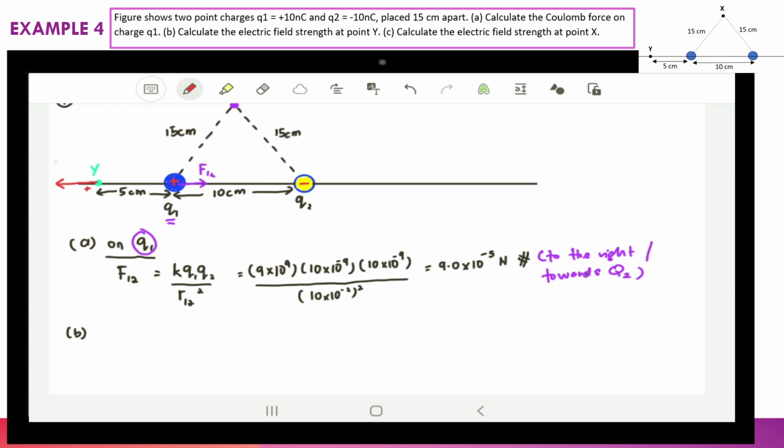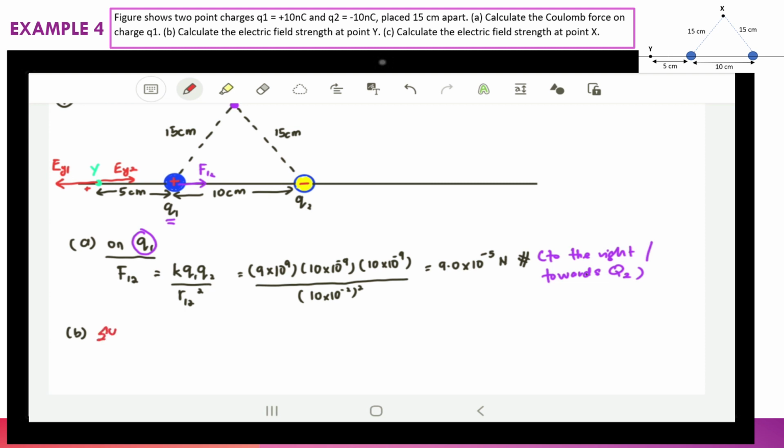So we label as E on Y due to the first charge. And electric field strength on Y due to the second charge should be to the right, EY2.